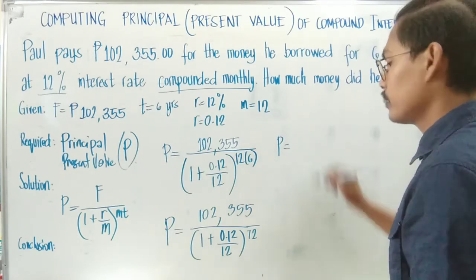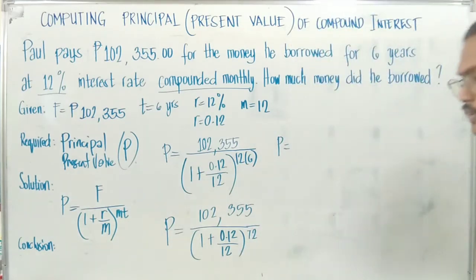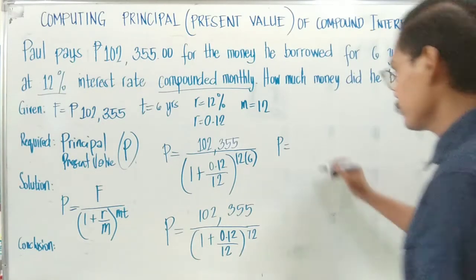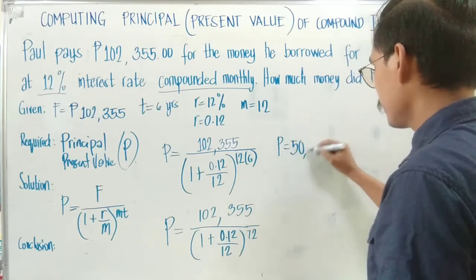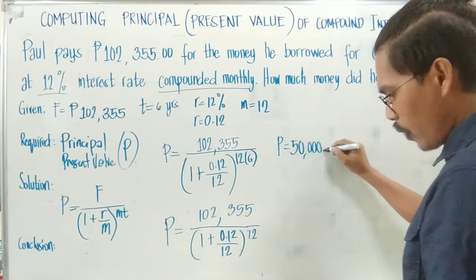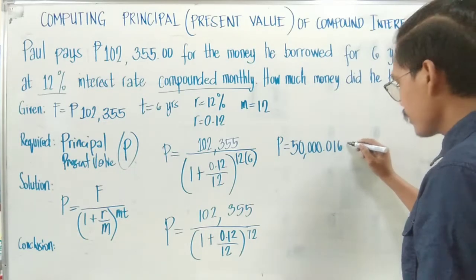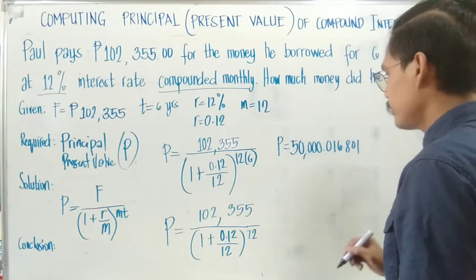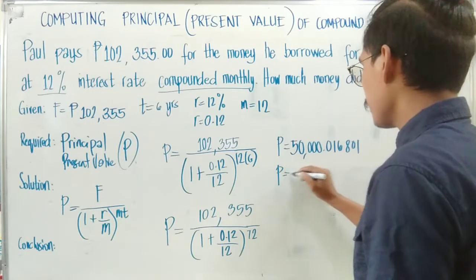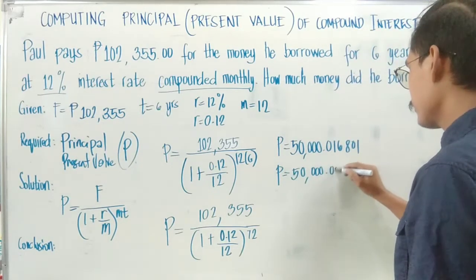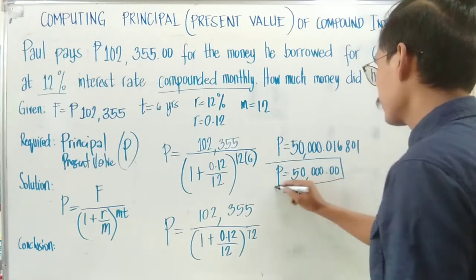Encode in your calculators and you can arrive at 50,000.016801. Speaking about money, we have 50,000.